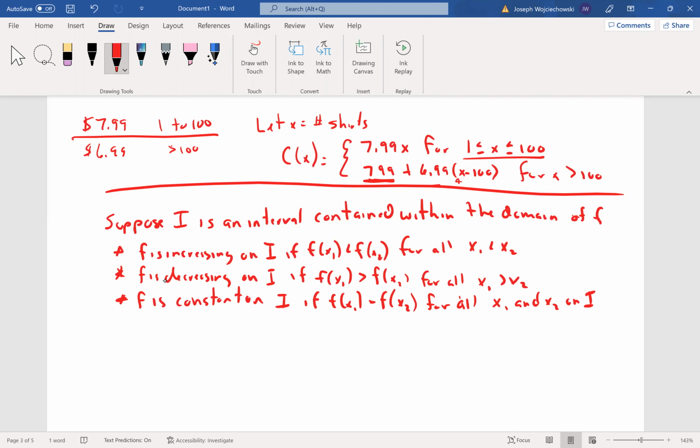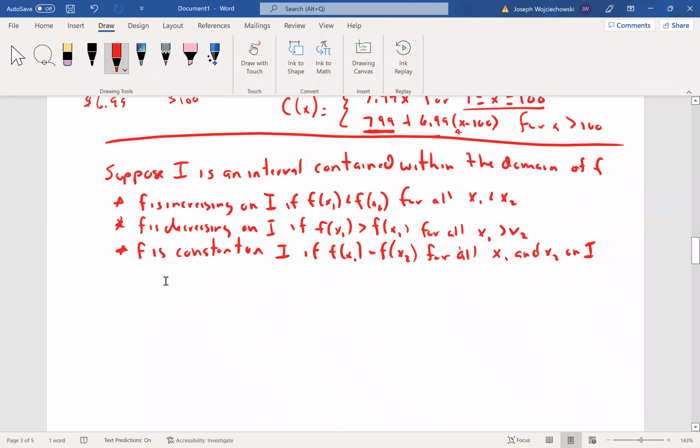So what does this mean? Essentially, looking at it, increasing. I look at it this way.